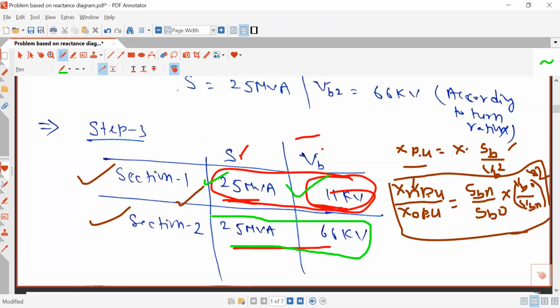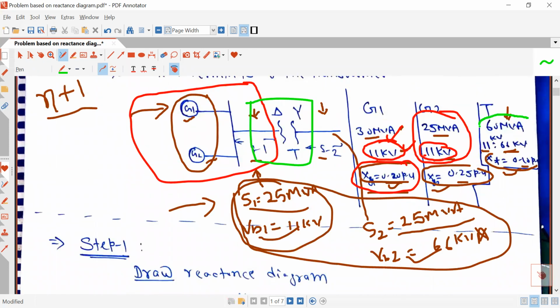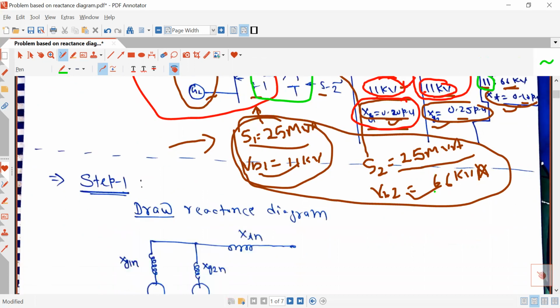So it is up to you in which section you want to keep the transformer, because the transformer is common to section 1 and section 2. In this explanation, I have considered the transformer in section 1. So I will take the new base value of the transformer as this. The old base value is the rating of the transformer: SB old will be 60 MVA and VB old will be 11 kV, because I have considered the transformer in section 1.